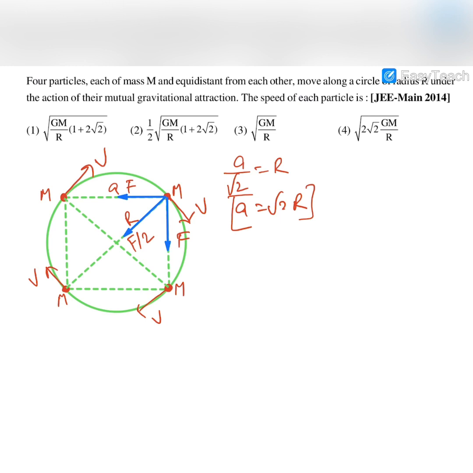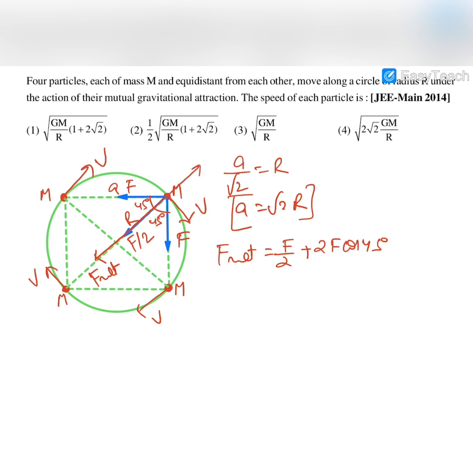So the net force acting on this particle, F net, would be equal to F by 2 plus 2F cos 45. This angle is 45, this angle is 45. So this is F cos 45, F cos 45, so it is 2F cos 45.